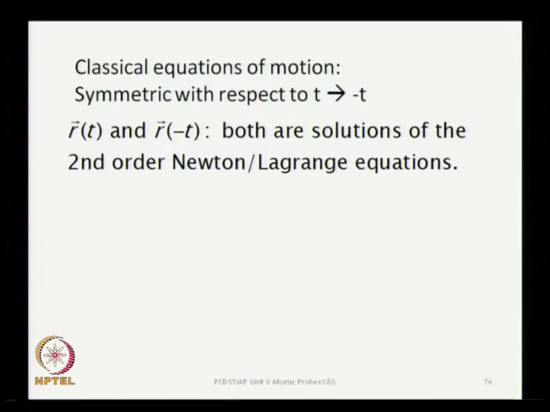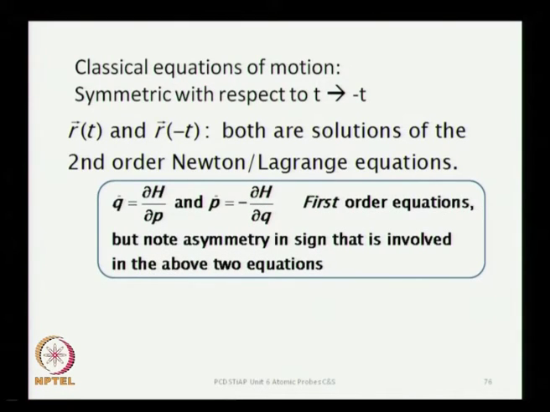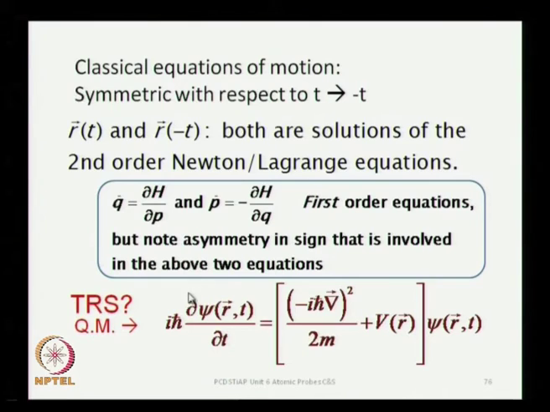Same thing happens with Lagrange's equations. Hamilton's equations are first order equations, but then there is a minus sign here, so that takes care of it. So all classical equations, whether Newton, Lagrange or Hamilton, they are of course equivalent to each other, so no wonder, but it is obvious that they are symmetric under time reversal, t going to minus t.